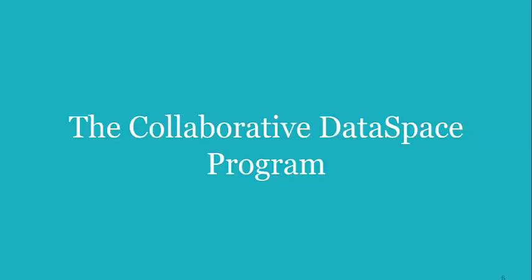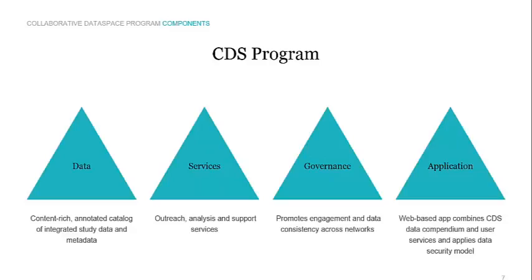So enter the Collaborative Dataspace program. Our plan is to develop an improvement to the researchers' experience in data sharing. And the plan involves 4 critical components. The data component, which is a deeply annotated study catalog of metadata and study data.